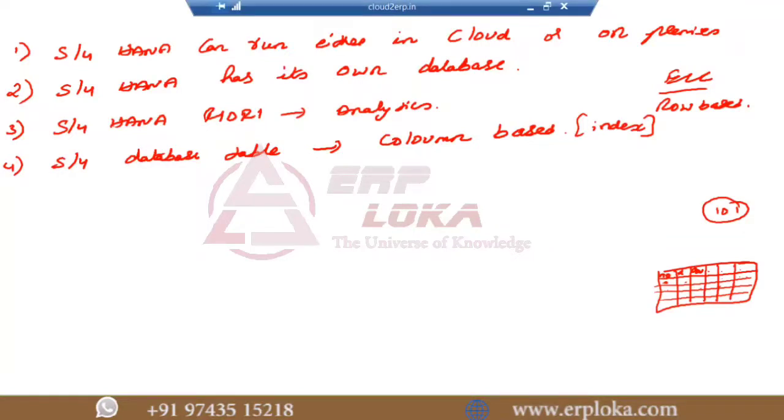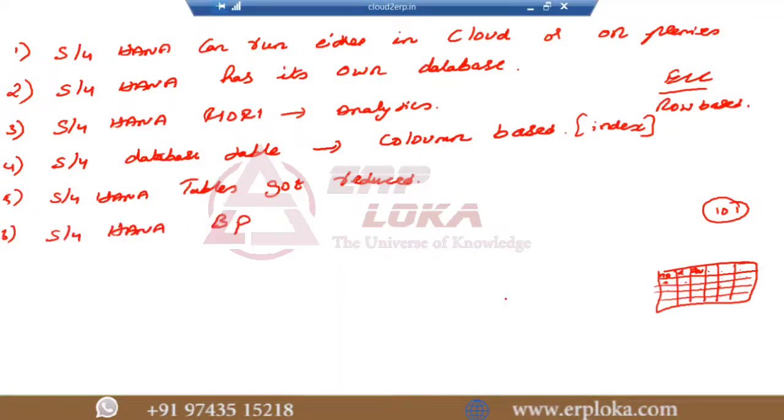Then most of the tables got collapsed in S/4HANA. So in S/4HANA, tables got reduced. Then, as you said, in S/4HANA you have business partner. In ECC, you don't have business partner.